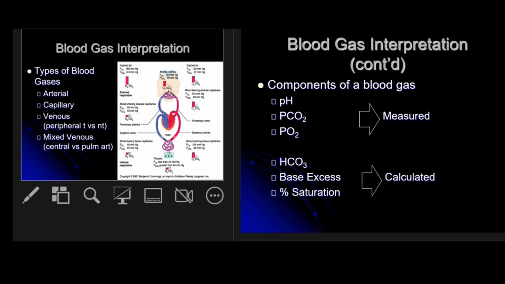Now, in critical care medicine, we also use mixed venous blood gases or central venous blood gases. We primarily look at those to see what's going on in the tissues and organs of the body, to tell us whether we have adequate oxygen delivery, getting back to our oxygen delivery equation. We can tell that by looking at how much oxygen is being extracted from the hemoglobin. We said normal venous saturation is 65 to 75%.